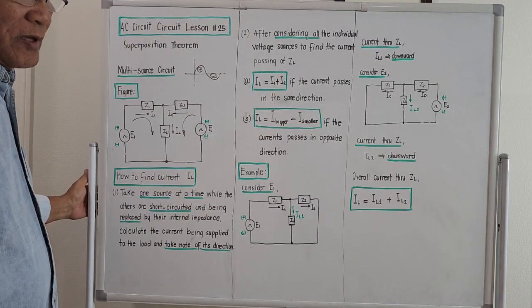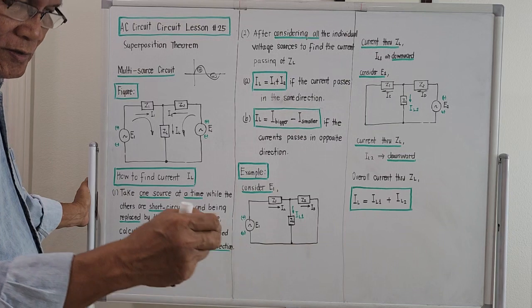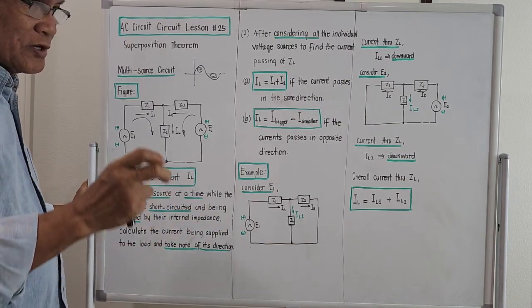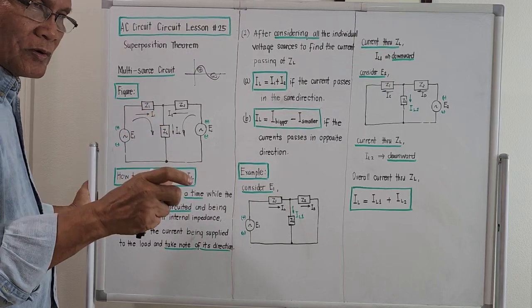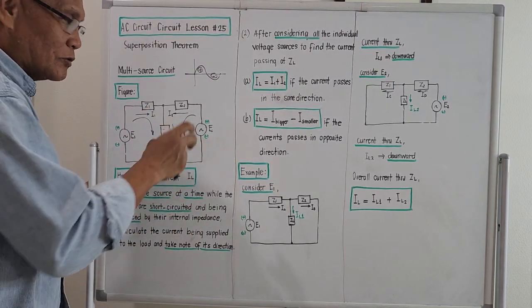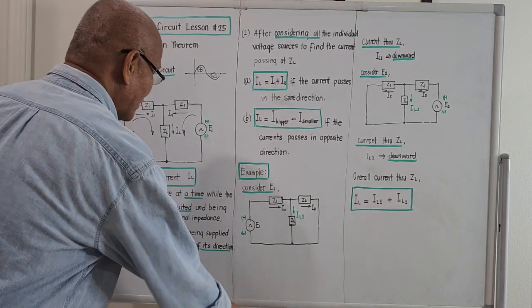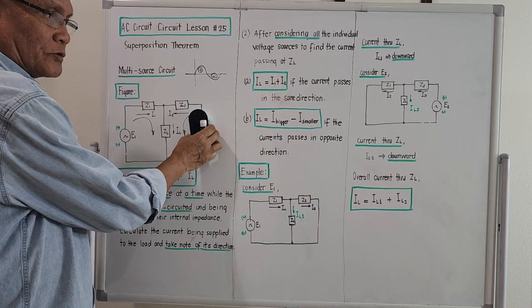If it's only a single source, I just use Thevenin's and Norton's theorem. But for the superposition theorem, at least there will be two alternators in parallel. At least two. Because if there is only one, I'll just use the ordinary method of solution.